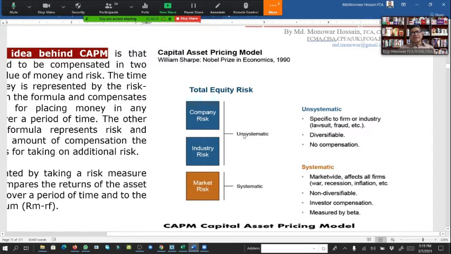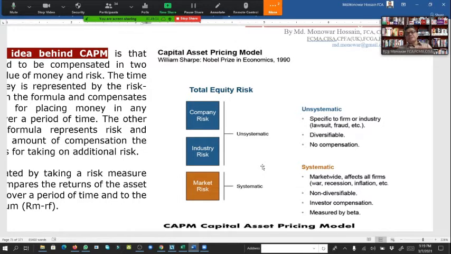Unsystematic risks are within the company, that means company risks, industry risks. That means if you do not want to stay within this industry, you can shift your industry or your sector, this is the unsystematic. And systematic means it is built in.